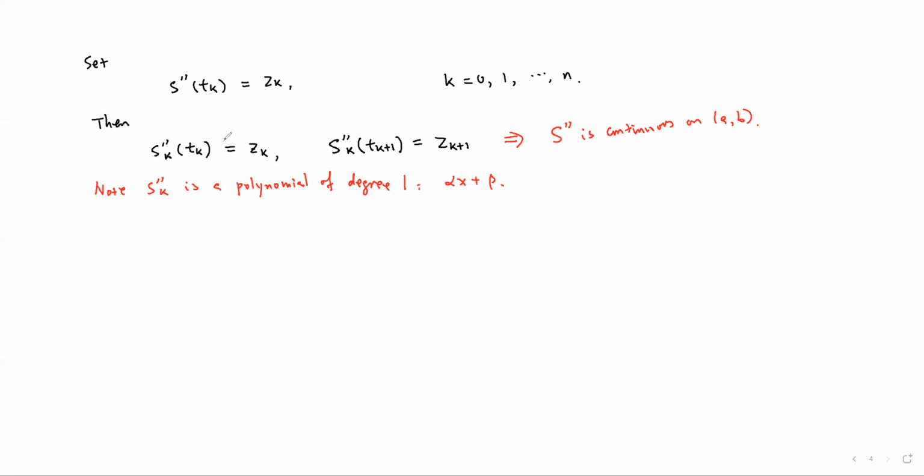Now, from these two equations, I can completely determine alpha and beta. Let me give a name to these two conditions. Let me call them 1. Then the two equations in 1 will lead to the second derivative of S_k. It is a linear polynomial. Two equations completely determine alpha and beta.